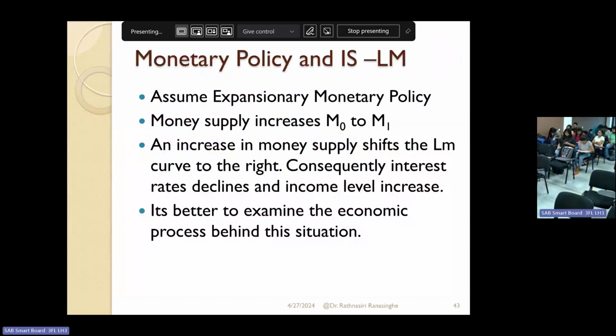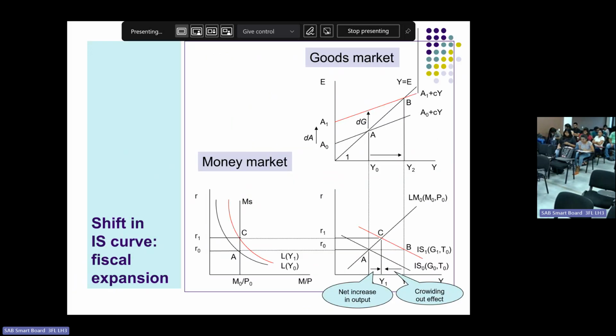Monetary policy also, video. Now, here in the fiscal policy, where there is a rise in the government expenditure, we know that we identify this crowding out effect. Crowding out effect, right? So that is, when the government expenditure rises, the government raises funds from the private sector, right?